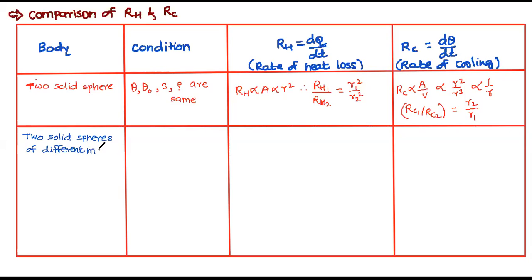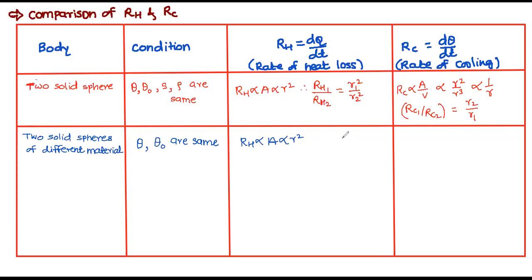The condition is that theta and theta naught are the same, meaning body temperature and surrounding temperature are the same. Then the rate of heat loss is directly proportional to A and to R square, same as the previous one.